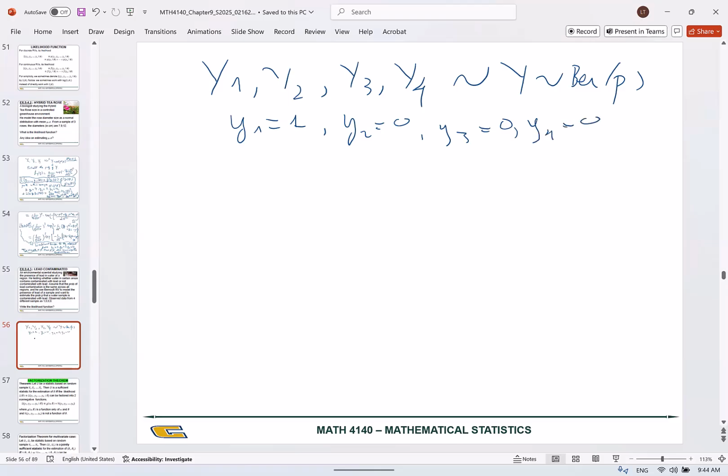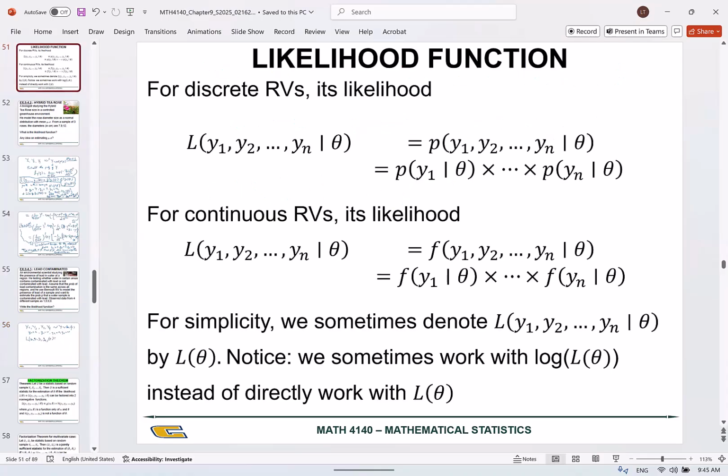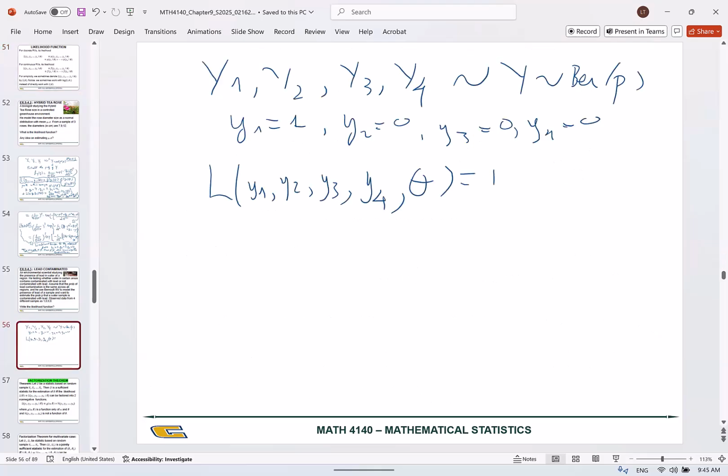Your job here is a discrete case, but more or less it's pretty much the same. Find L of Y1, Y2, Y3, Y4, given theta. In this case theta will be P.